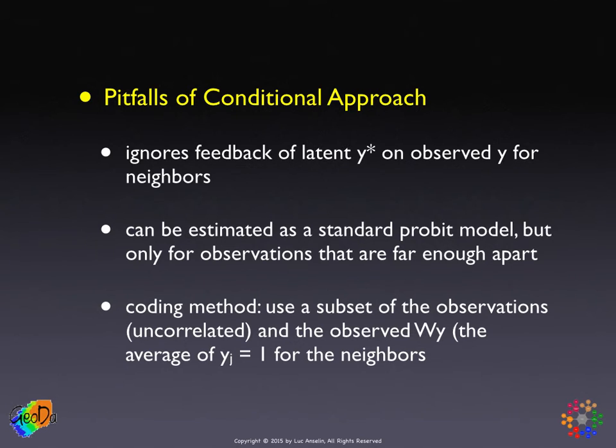The difficulty in doing this in practice, and typically the weights matrix is used to decide whether or not two observations are neighbors, but we have already seen that the weights matrix is not the variance covariance, and what really matters to establish uncorrelatedness is the structure of the variance covariance matrix.